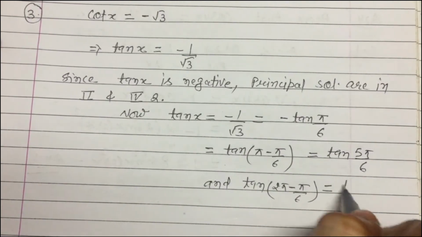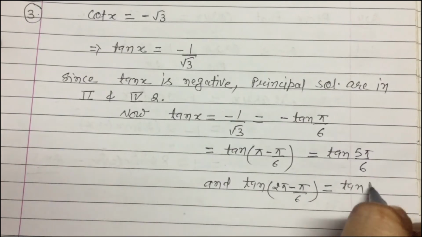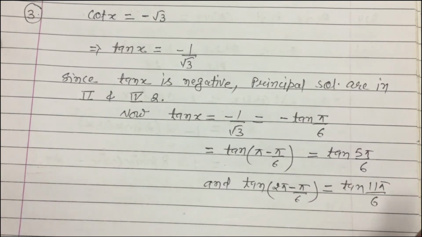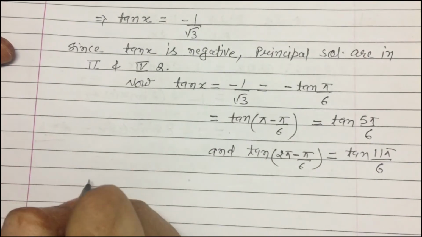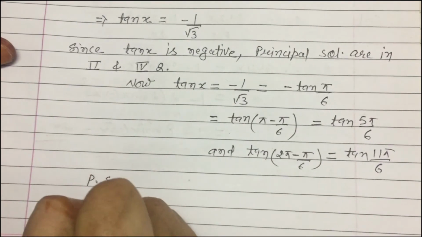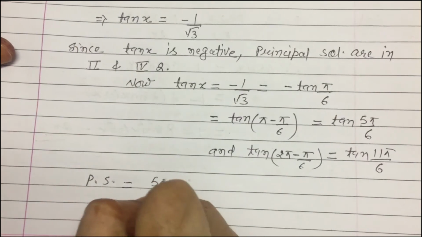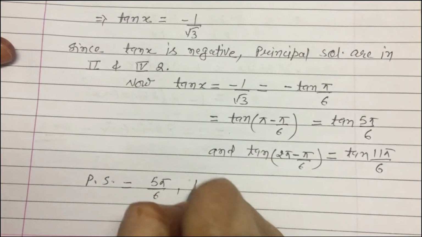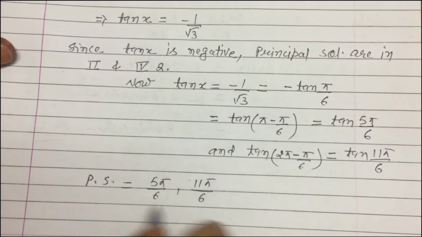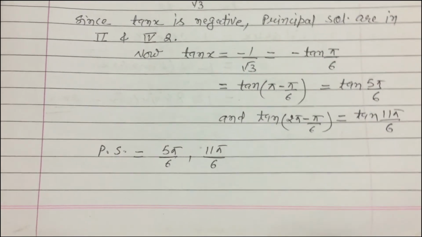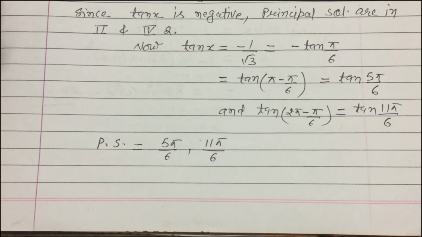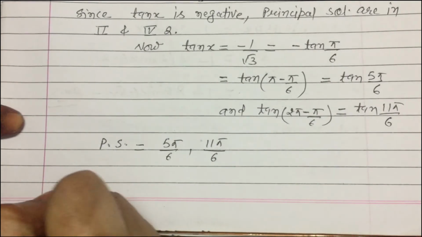It gives tan 11 pi by 6. So the principal solutions are 5 pi by 6 and 11 pi by 6. Okay, answer. And next we have to find the general solution.